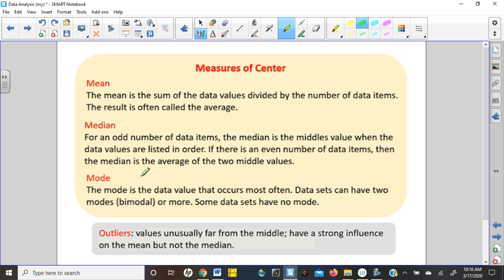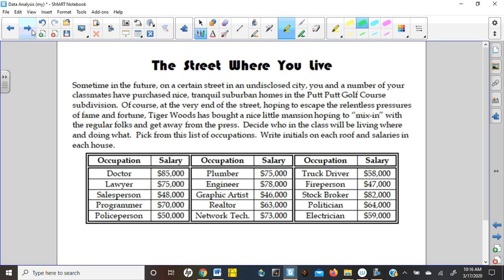One thing about that, you've got to look out for outliers. Outliers are numbers that are way, way too big or way, way too small compared to the rest of the elements. I used to have a good activity to talk about how outliers can affect your measures of center. As a class, we would each pick an occupation. This is kind of an older activity.